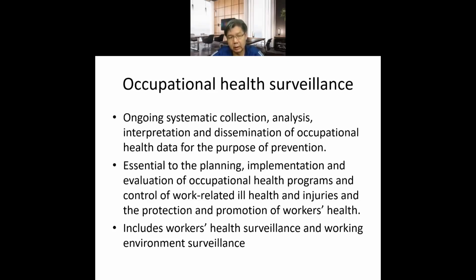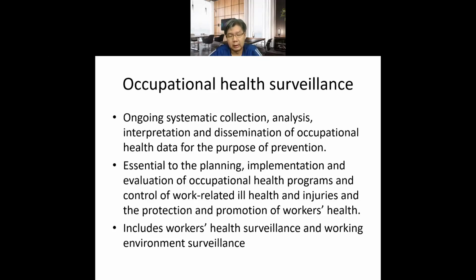If we ask you how you define health surveillance or occupational health surveillance, you have to mention that it is an ongoing, systematic process of collection, analysis, interpretation, and dissemination of this information for the purpose of prevention. Occupational health surveillance is also important for the planning, implementation, and evaluation of programs, and for the control of illnesses, and for the protection and promotion of workers' health.